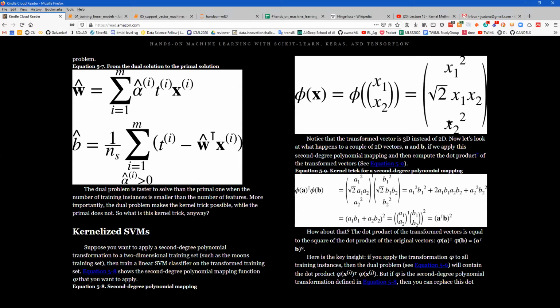If you have x1, x2, x3, you have 3 terms, which then expands to 9 terms when you transform. So in effect, for just the kind of transform we are talking about, if you were to perform the transform, you would actually be operating on n square terms.